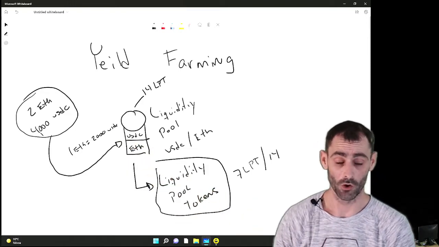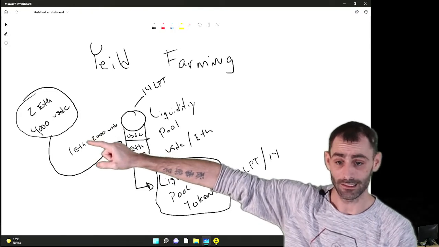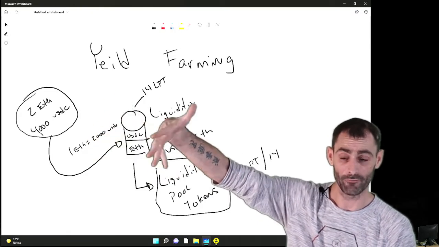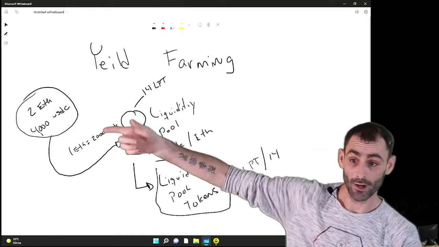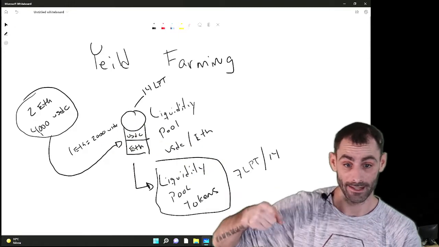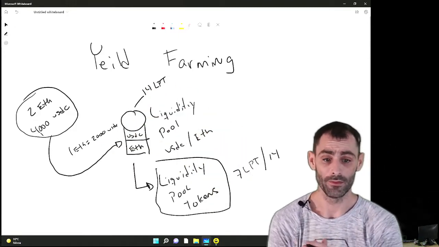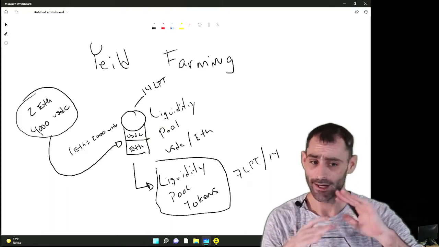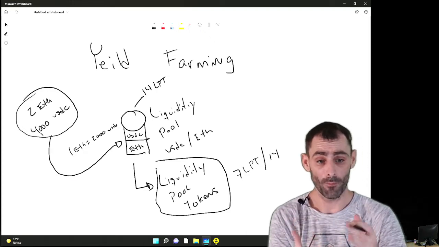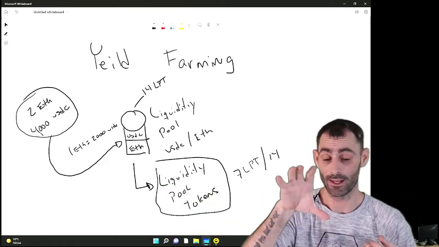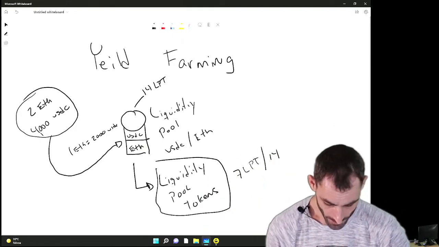That would happen if the pool only had 2 Ethereum and 4,000 USDC in it already, then when I put in mine and it gave me 7 tokens, we would know it only had 14 tokens, because the tokens represent everybody's share in the liquidity pool, and basically how much of each asset you can claim, because that's the percentage you've put in there. Hopefully that makes sense.